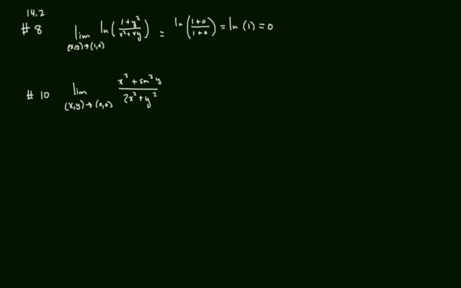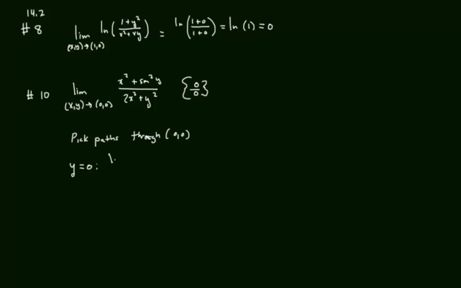We would have 0 over 0, which is indeterminate. So here's the strategy. We have to pick paths that pass through 0, 0.